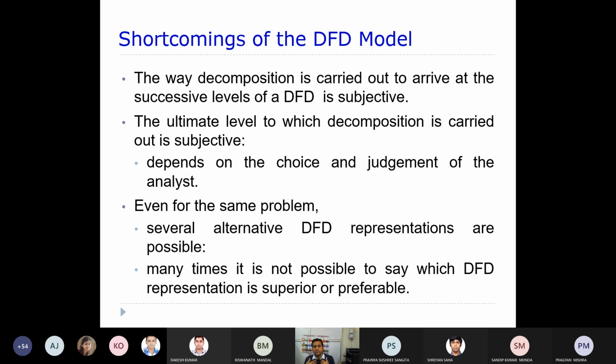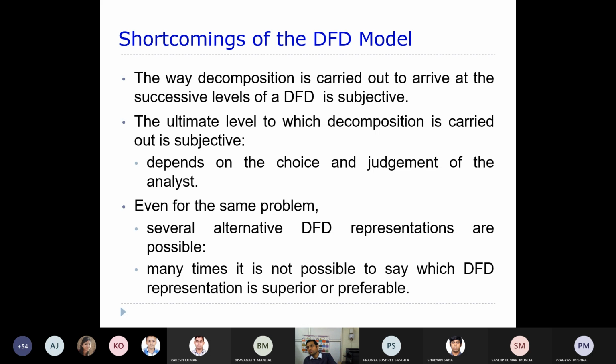It depends upon the analyst, so the representation may be different. Different DFDs may come out as a result of two different analysts, okay. Let's say there is a project A. If project A is given to analyst A, he may give you one DFD representation.